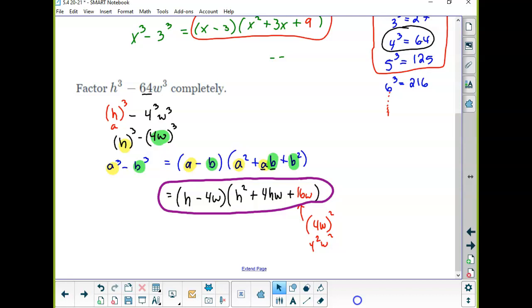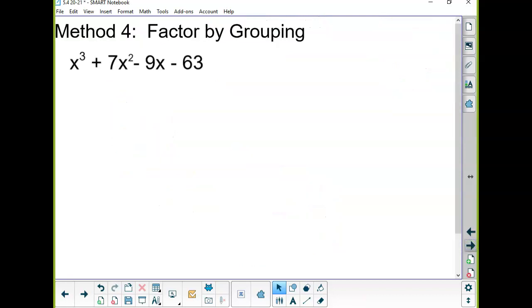Okay. The last method looks intimidating because there's more terms. It's actually one of my favorites. It's called grouping.